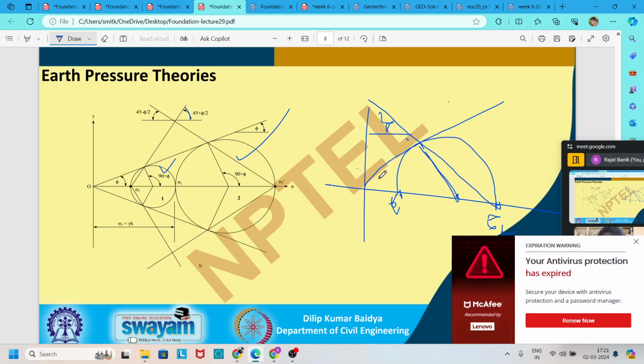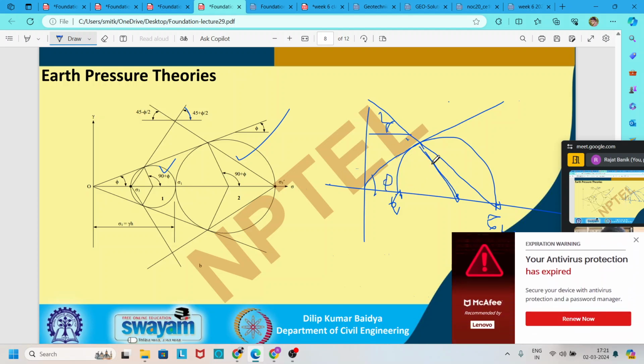So we know that again this angle is phi and this angle is 90, because tangent is 90 degree with respect to center. And so this angle is 90 minus phi. So we say that this is 90 plus phi. Again, this is radius of the circle. This is also radius of the circle.